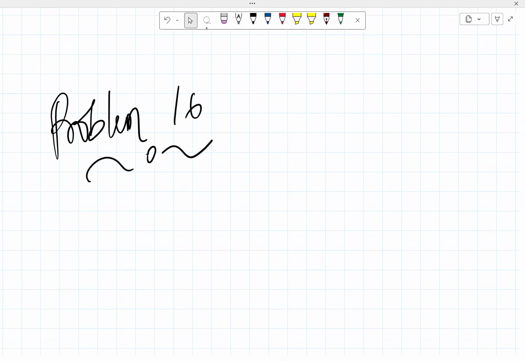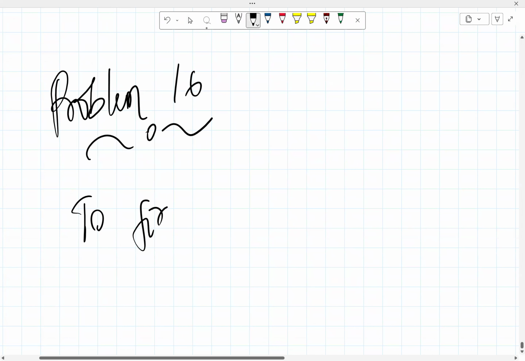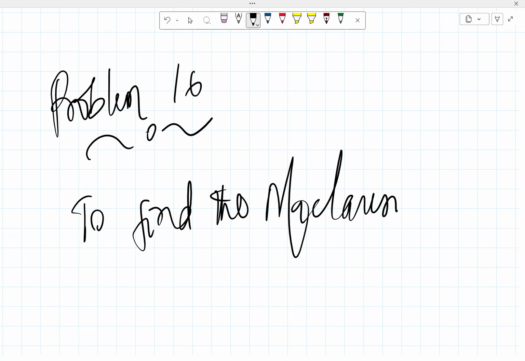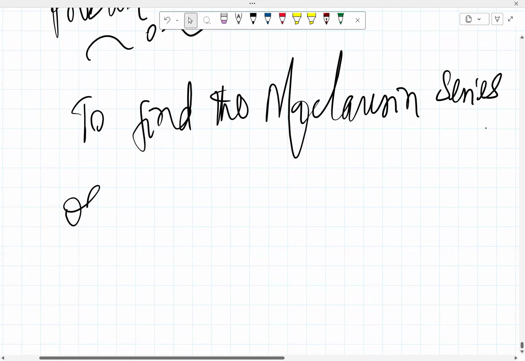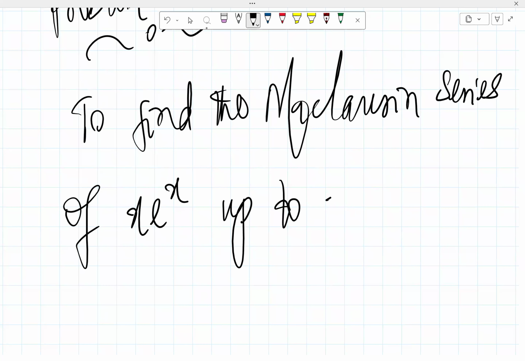To find the Maclaurin series of x e raised to power x up to x raised to power 4, what do we do?